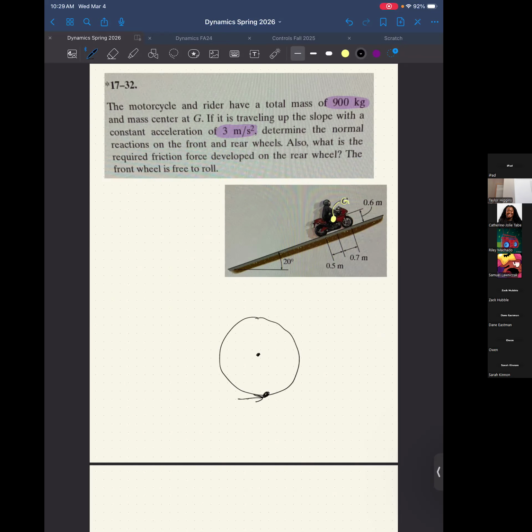Okay. However, in these kinetic problems with bicycles and motorcycles and things with wheels, if they tell you what is the required friction developed on the rear wheel, but they tell you that a different wheel is, quote, free to roll, they're saying put a friction force at the rear wheel, but do not put a friction force at the front wheel.